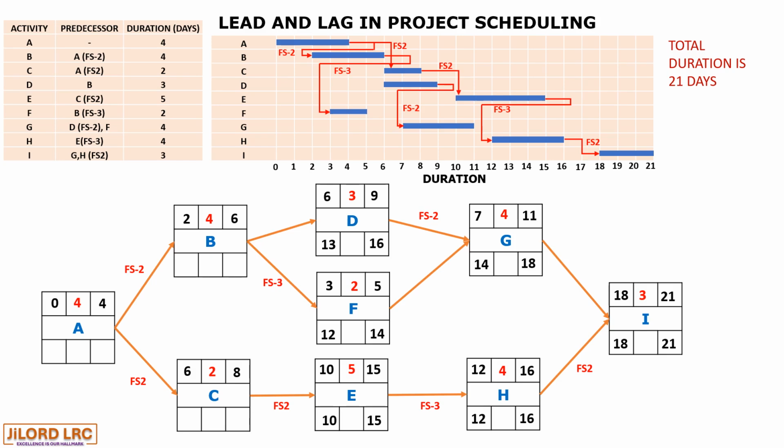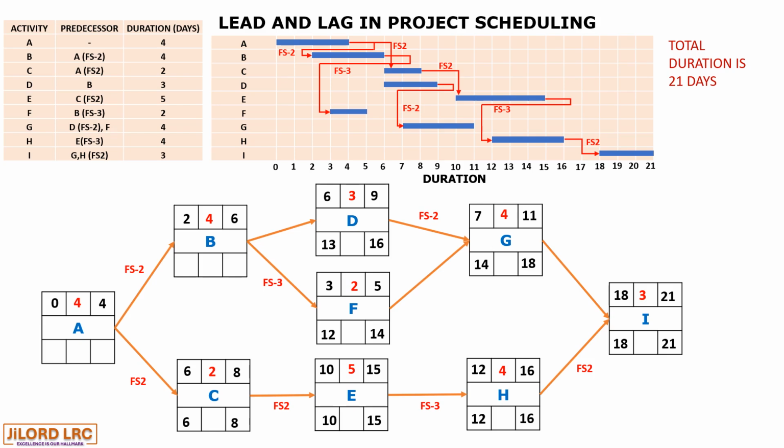Then what happens to C? C has a lag of 2 and therefore will lead to a reduction of 2 as it becomes the latest finish for activity C. So we have 8. 8 minus 2 is 6.